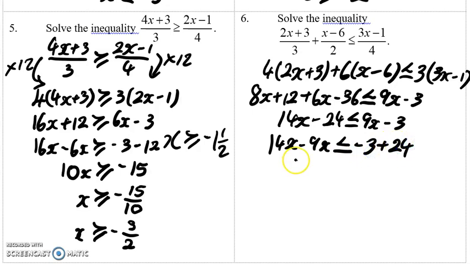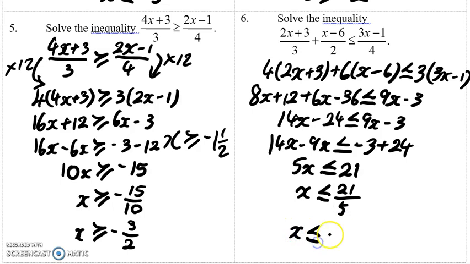So this gives me 5x less than or equal to 21. So x will be less than or equal to 21 over 5, which means it's x less than or equal to 4 and 1 over 5.